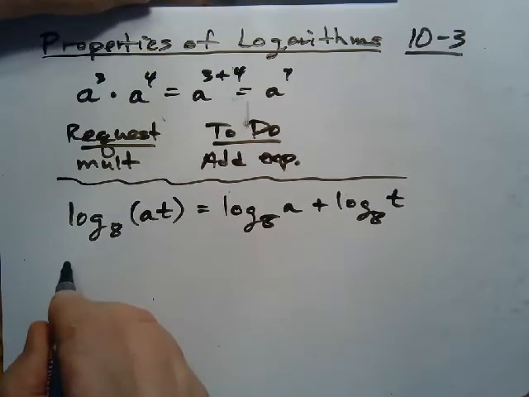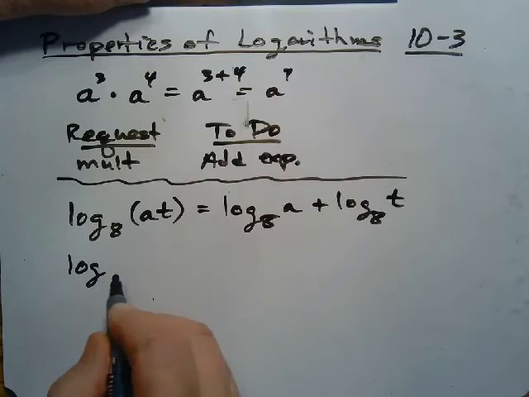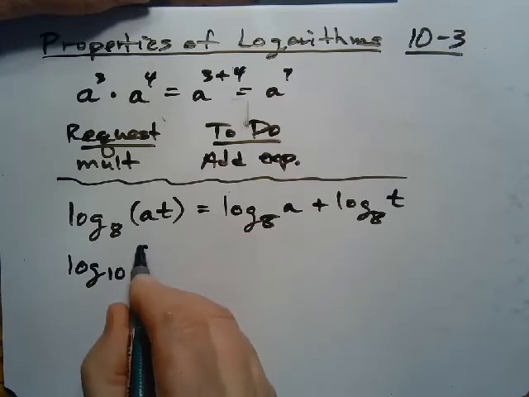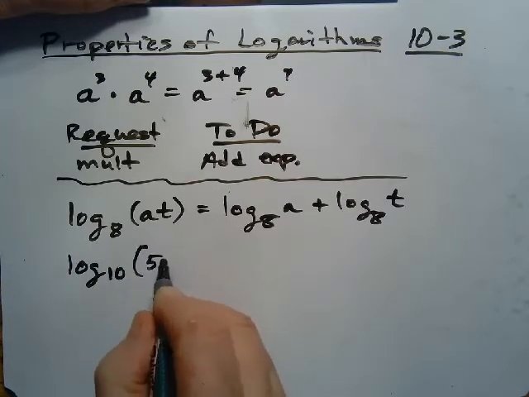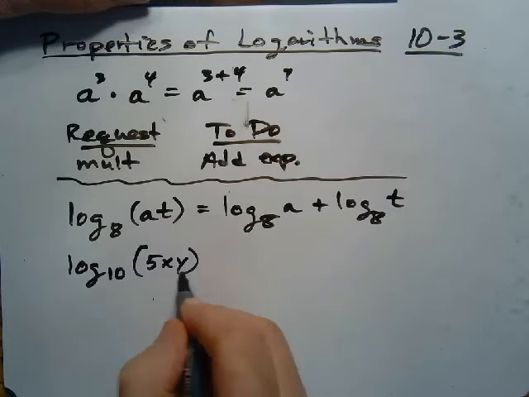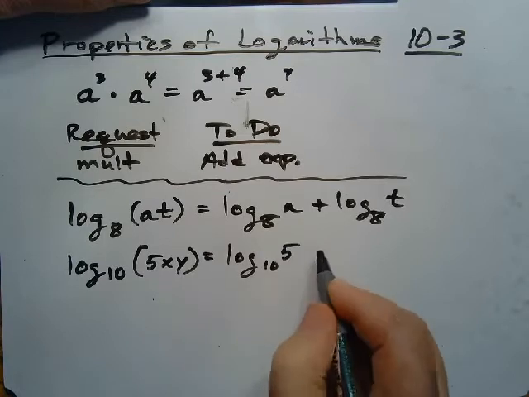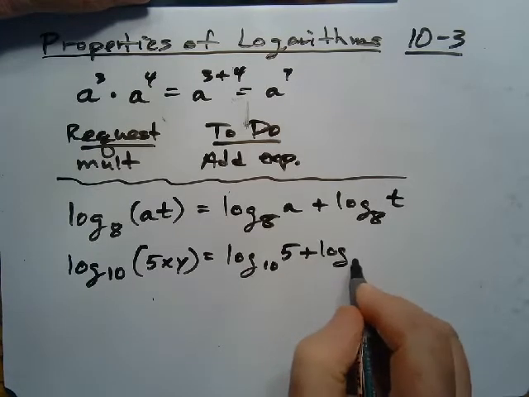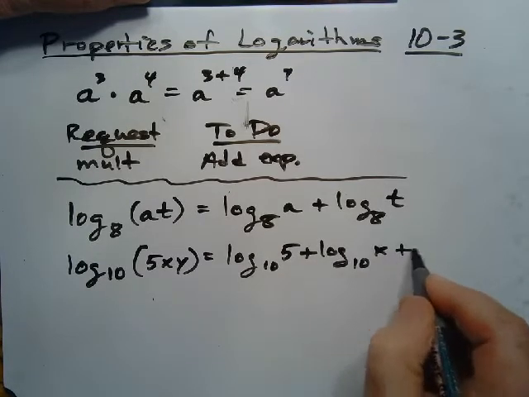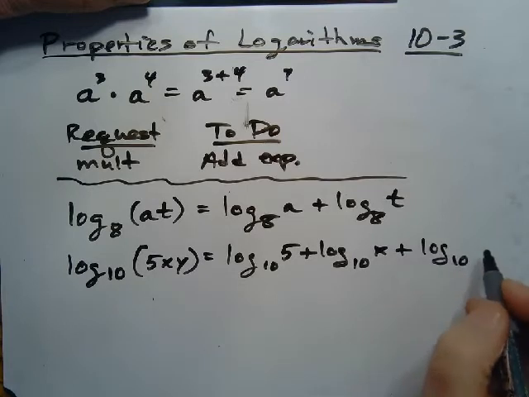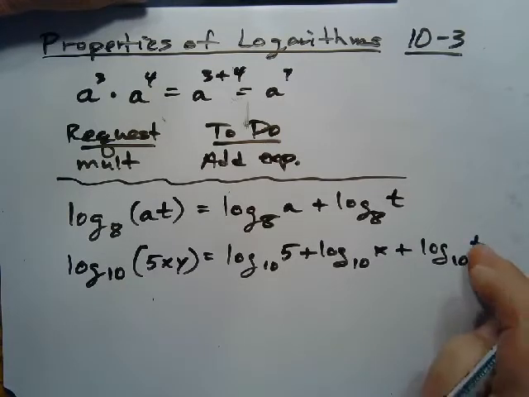Let's look at another example here. Log base 10 of 5xy. Well, that would be log base 10 of 5 plus log base 10 of x plus log base 10 of, excuse me, y.